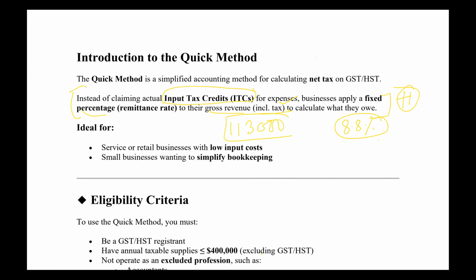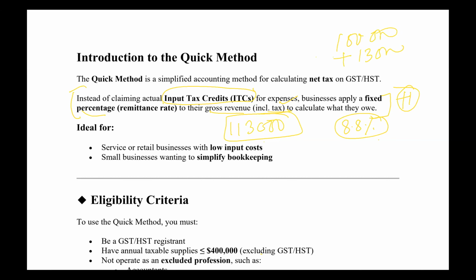Yes or no? Yes. We did not multiply to the value of $100,000. We grossed it up with the 13% HST. Then it was $113,000 and we multiply that with 8.8. This is what this line is saying. Okay?